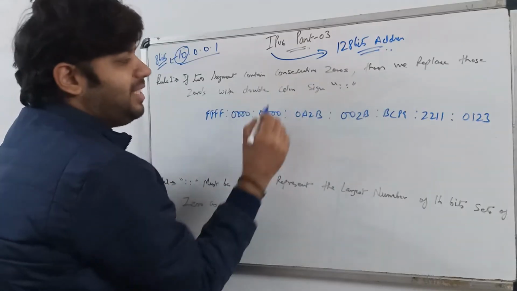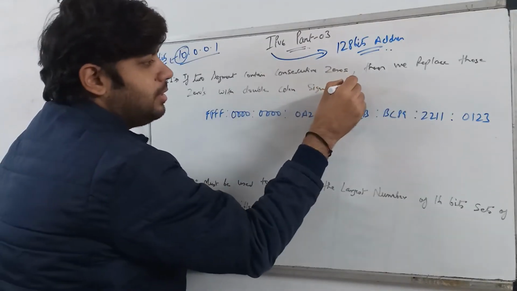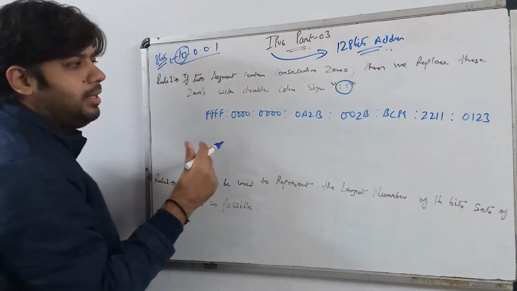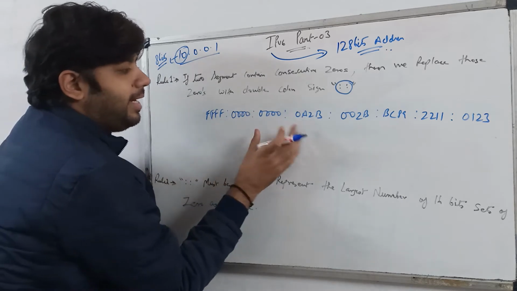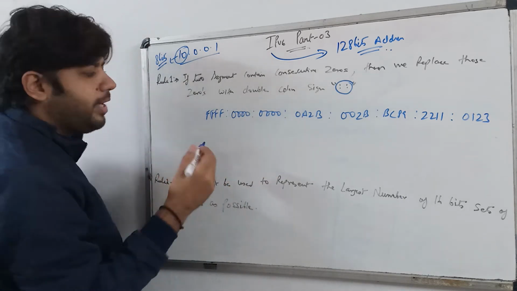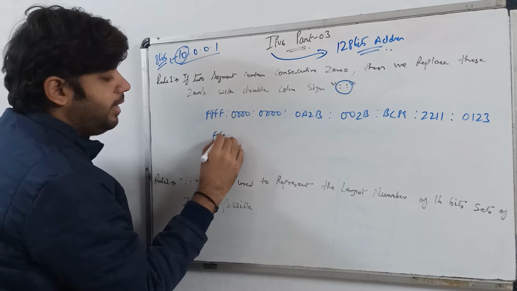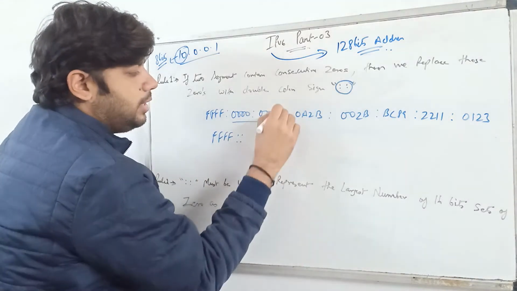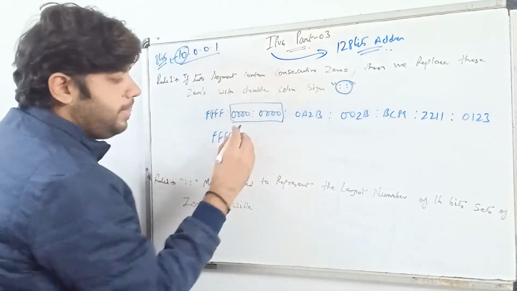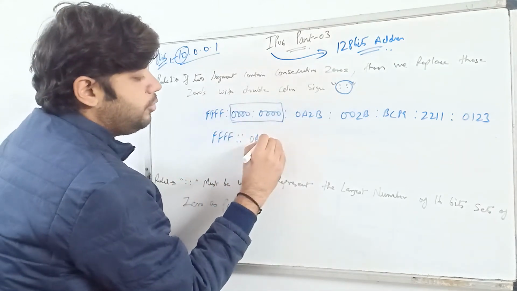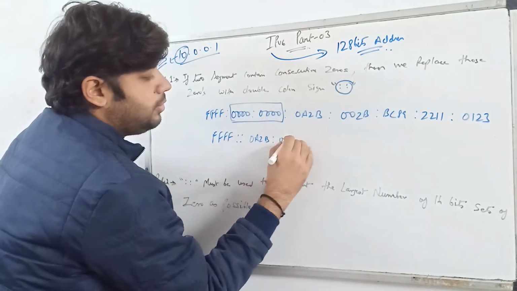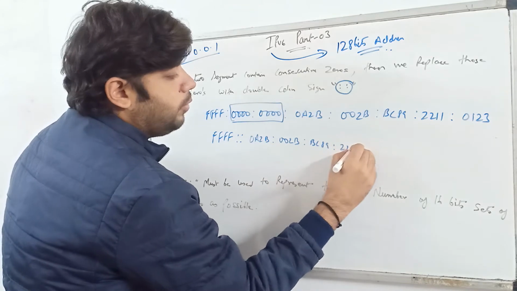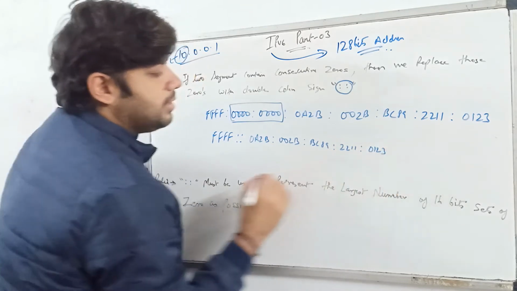So we can represent those segments with a double colon. If I abbreviate this, if I write IPv6 in short form, I can write F, then a double colon, because we have 2 consecutive zero segments. Then 0A2B, then 002B, BC89, 2211, 0123, like this.